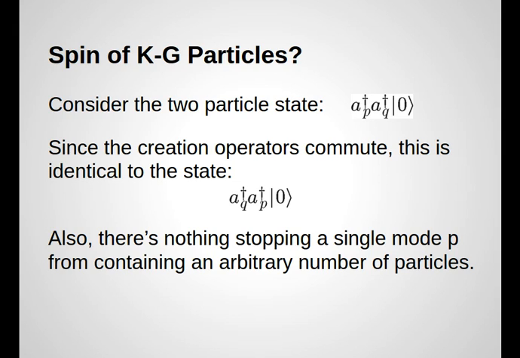It doesn't allow you to do that. But in this case, there's nothing stopping us from doing that. What I'm saying in this last line is that I could set q to p, so I could put as many particles into the p mode as I want.